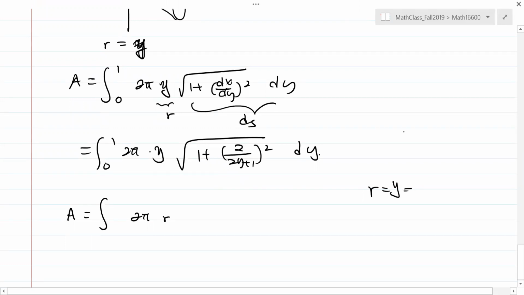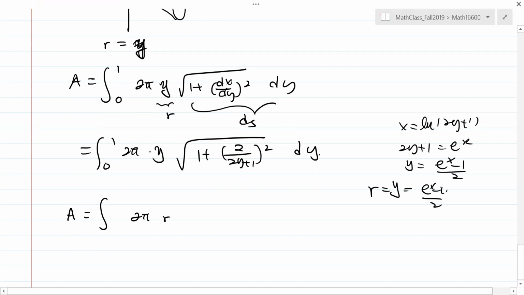How do you solve for y? Because x equals natural log of 2y plus 1, so 2y plus 1 equals e to the x. So y equals e to the x minus 1 divided by 2. That is the dependency of the radius on the x value.